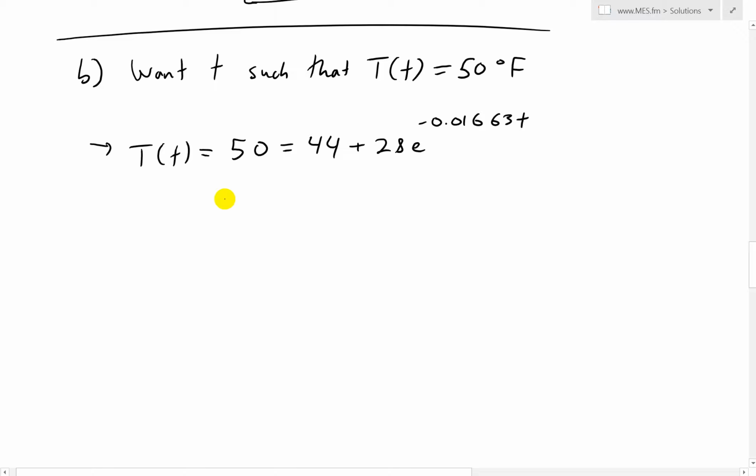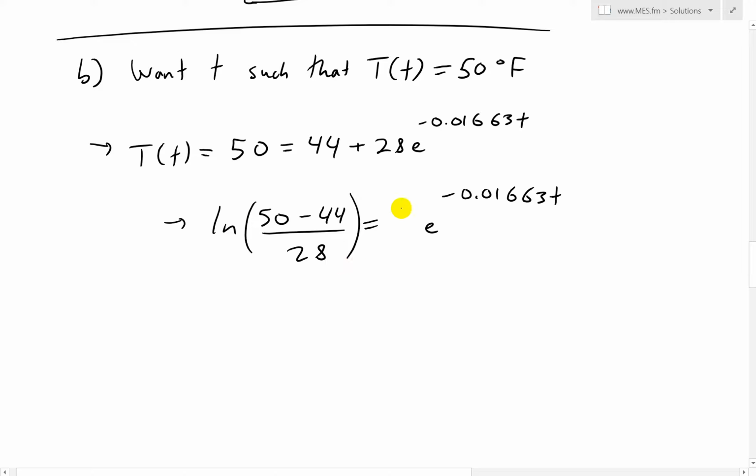So we have 50 minus 44 over 28, and this cancels, so we get e to the negative 0.01663 t. Since we're always going to take the logarithm of it, we take the natural log of both sides to cancel that e.